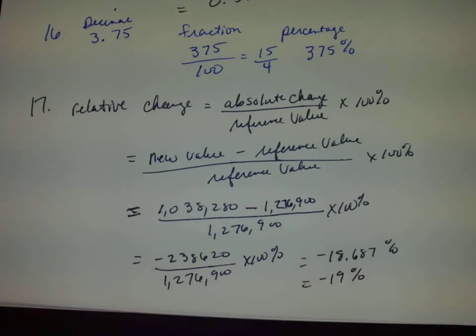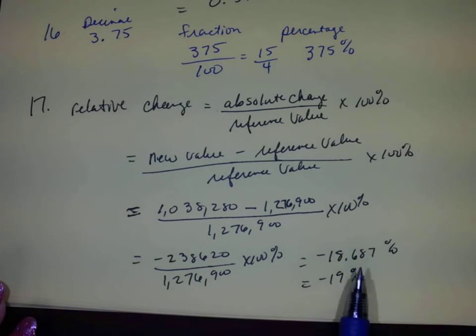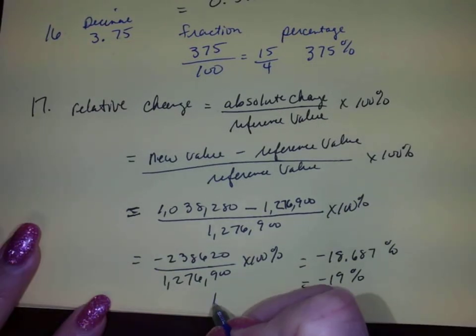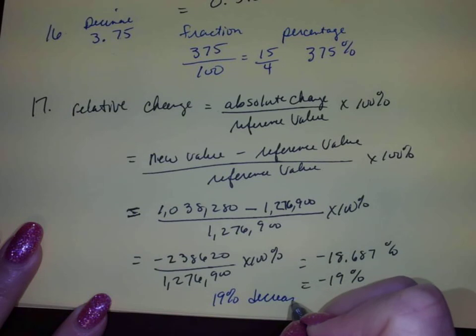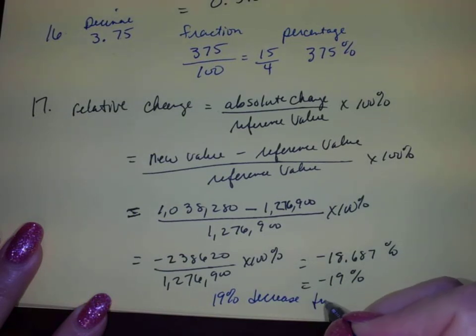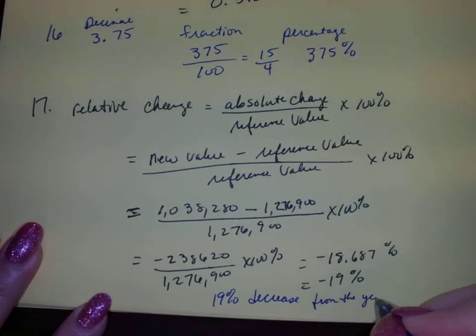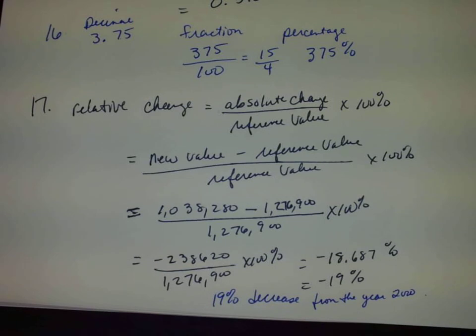Now, what does that mean? Because it said to explain what that means. What that means is that, because it's a negative value, we had a 19% decrease in bankruptcies from the year 2000. So the bankruptcies went down.